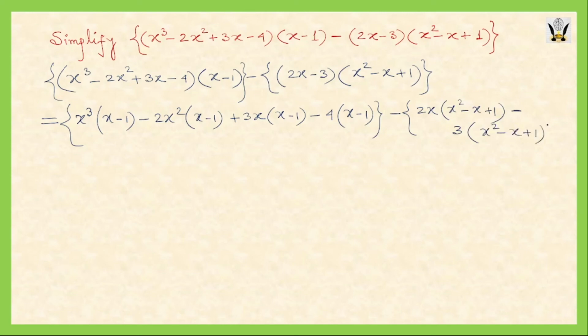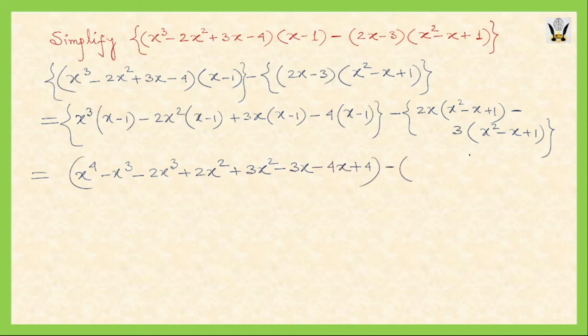minus x plus 1. Now if we simplify further, then it will be x to the power 4, then minus x cube, then minus 2x cube here, and then plus 2x square. Then from here it will be plus 3x square, then it will be minus 3x, then here it will be minus 4x, then plus 4.